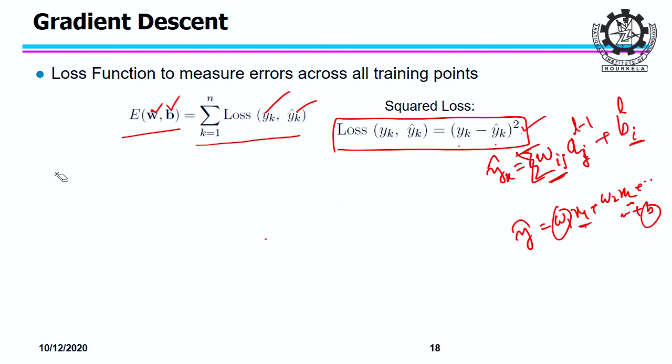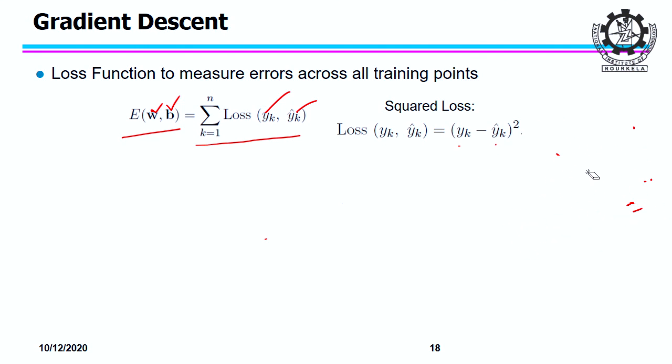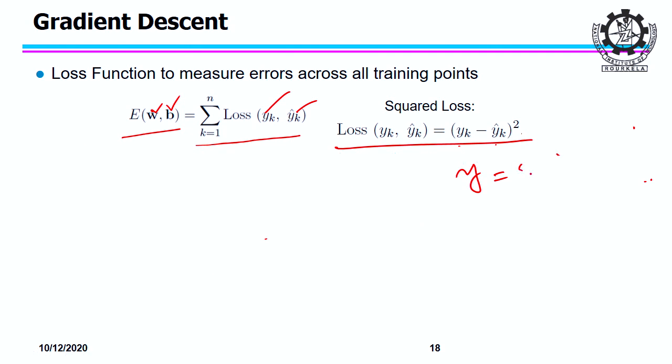So, we have a loss function, and as you see, it is a quadratic function. For simplicity, let us say we have a single variable instead of two, and that is y equals x square.